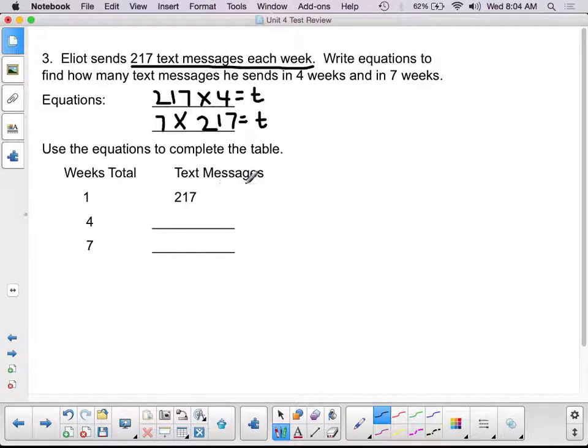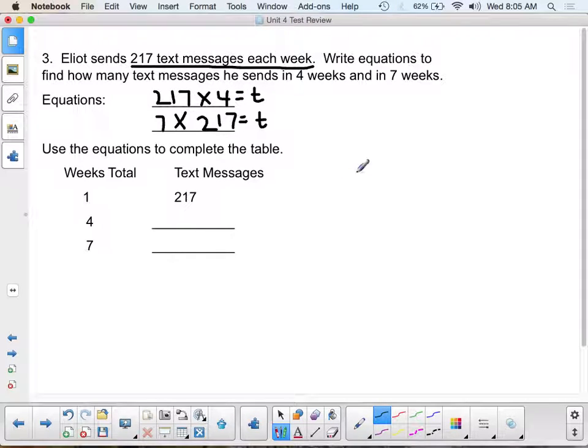Now, using those equations, let's complete the table. We know that in 1 week, he sends out 217 text messages. In 4 weeks, I need to figure out how many text messages he sends.